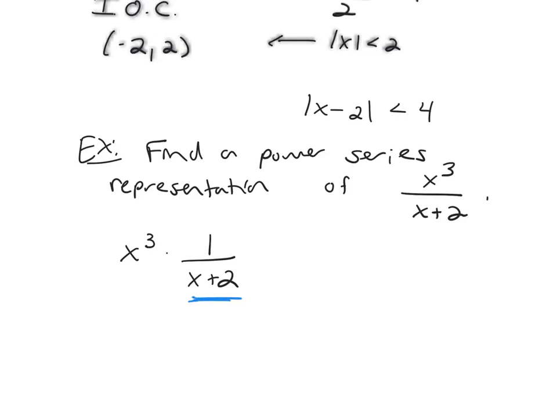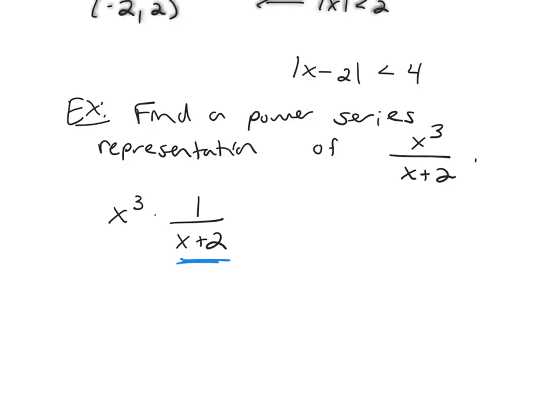And we already found 1 over x plus 2 in the last example. So we can plug in now what we know from the last example. So this was x cubed times the sum, n equals 0 to infinity, of negative x to the n over 2 to the n plus 1.